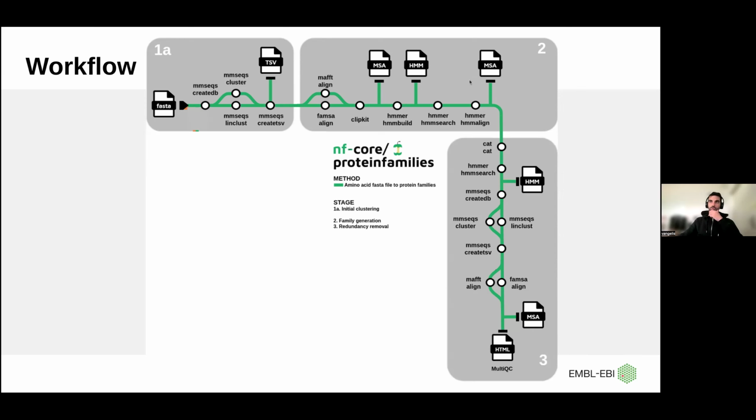Then the third sub-workflow is completely optional. It consists of two different parts. The first one checks for family redundancy, meaning we remove whole families that are redundant or duplicates. The other half removes in-family redundancy, which means that we remove very similar sequences from inside the same family.